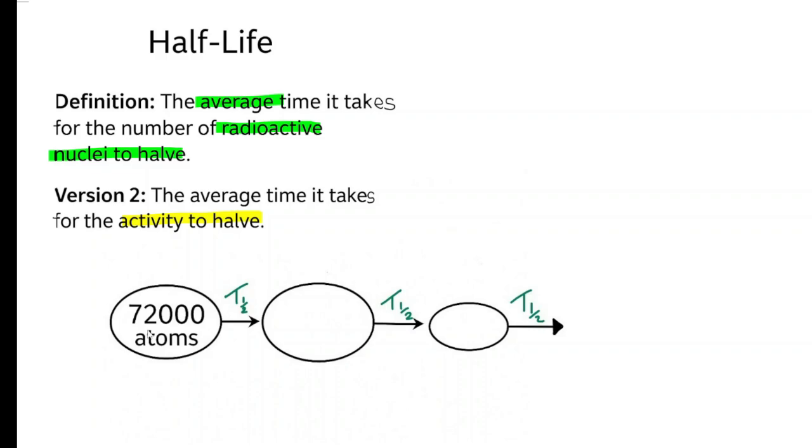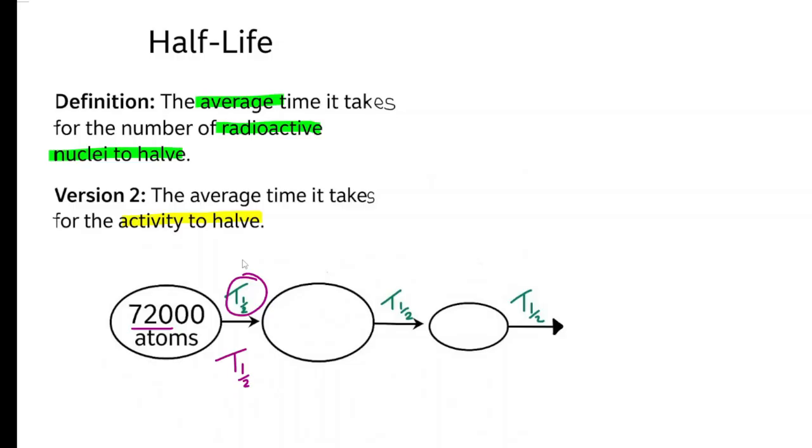Say you have a sample of radioactive material with 72,000 atoms to start. Then after one half-life, this is the symbol for half-life, T and a half. You can just write the word half-life if you want, that's okay. So the average time it takes for the number of radioactive nuclei to halve.